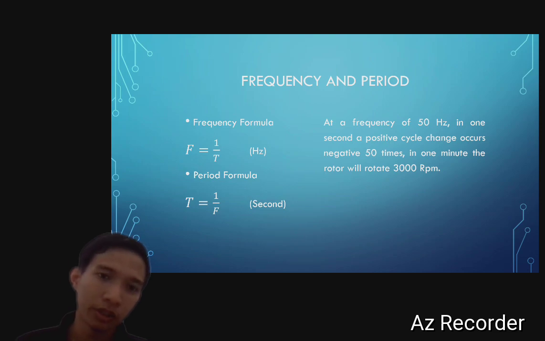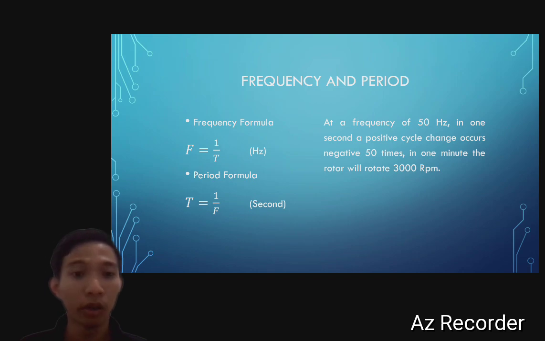The frequency formula is f equals 1 divided by the period, and the unit is hertz. The period is T equals 1 divided by the frequency, and the unit is seconds.